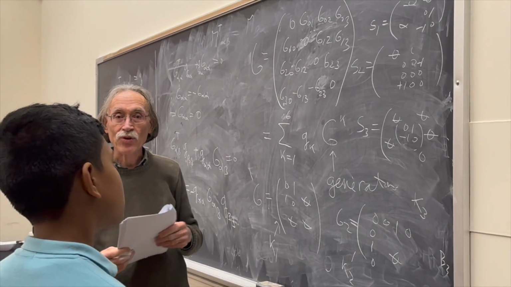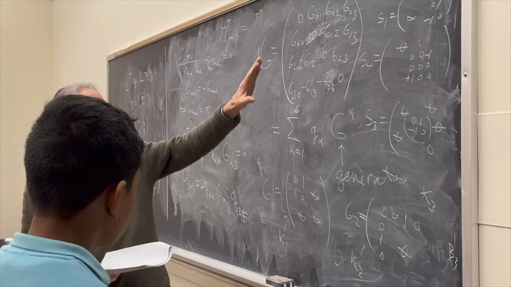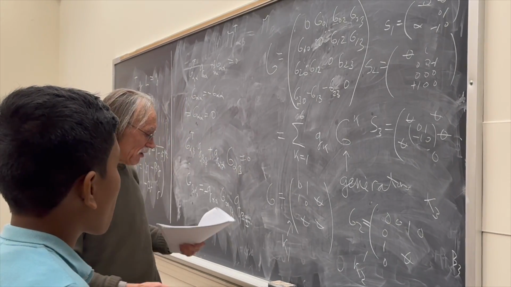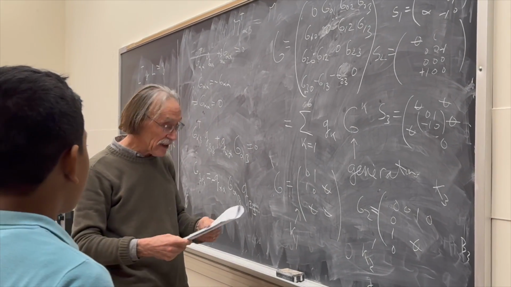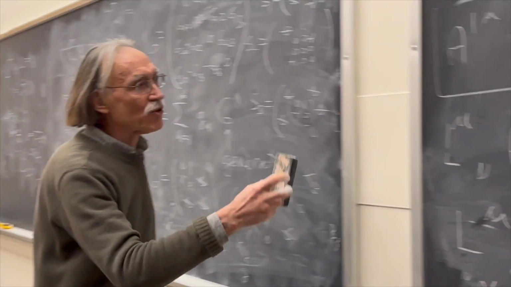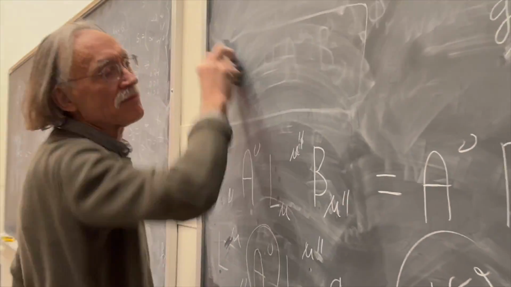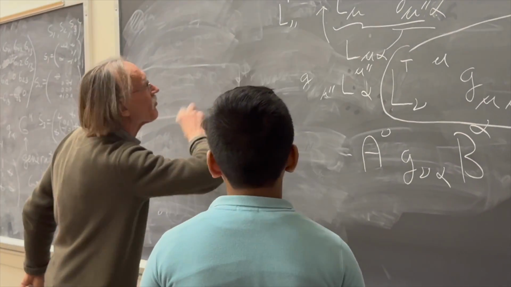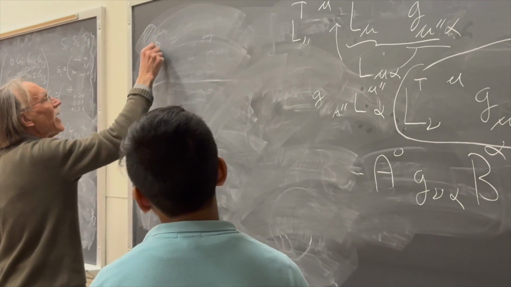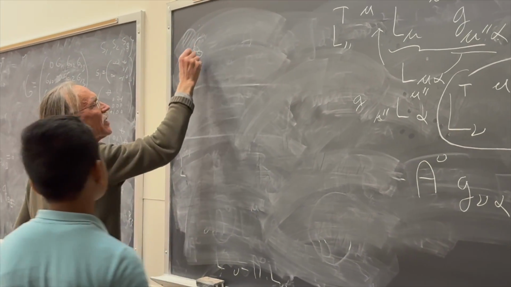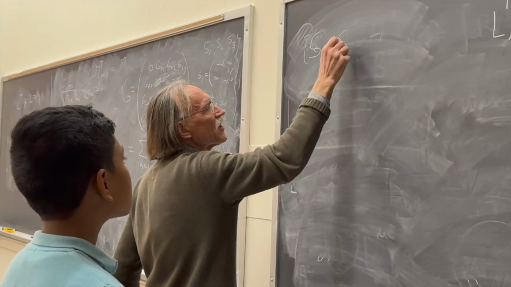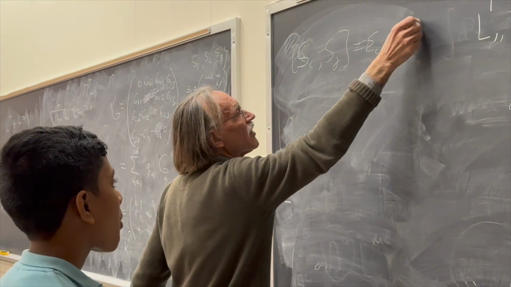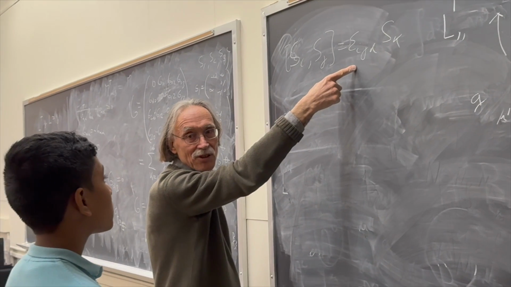And they are actually very important. They form what is called a Lie algebra, and the Lie algebra is commutation relations. So we have the commutator of Si, Sj is epsilon ijk times Sk. Do you know what epsilon means?